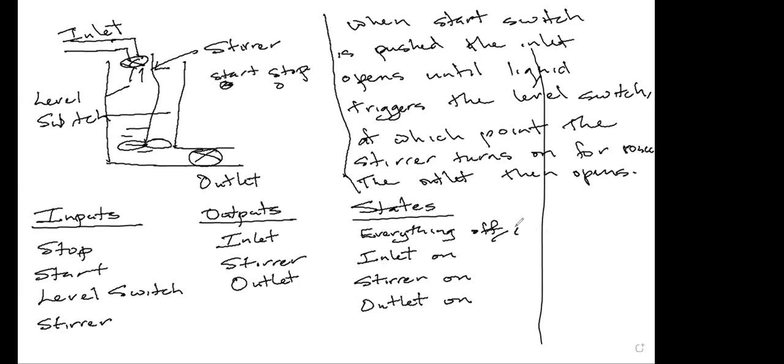So everything off, I'm going to give it a number, 0, 0, 0. Inlet on, I'm going to give it 0, 0, 1. These numbers are arbitrary, by the way. The stirrer on, I'm going to call it 0, 1, 0. And the outlet on, I'm going to call it 1, 0, 0. Like I said, these numbers are arbitrary. And the only reason I'm listing it this way is that the first one is the inlet, the second one is the stirrer, and the third one is the outlet.